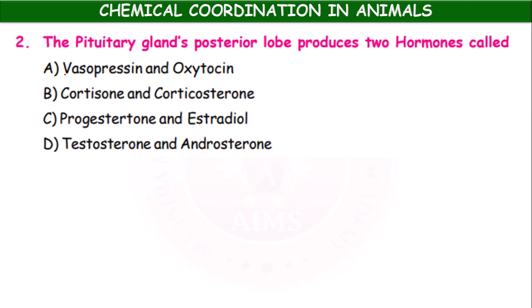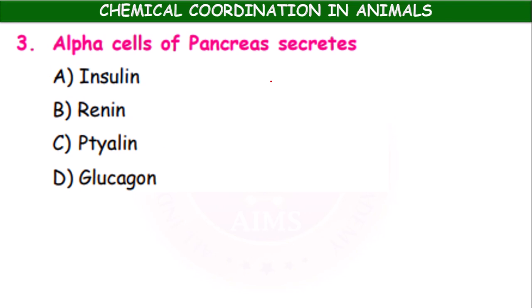The pituitary gland's posterior lobe produces two hormones called vasopressin and oxytocin, cortisone and corticosterone, progesterone and estradiol, testosterone and androsterone. Vasopressin and oxytocin are the two important hormones which are secreted by the posterior lobe of the pituitary.